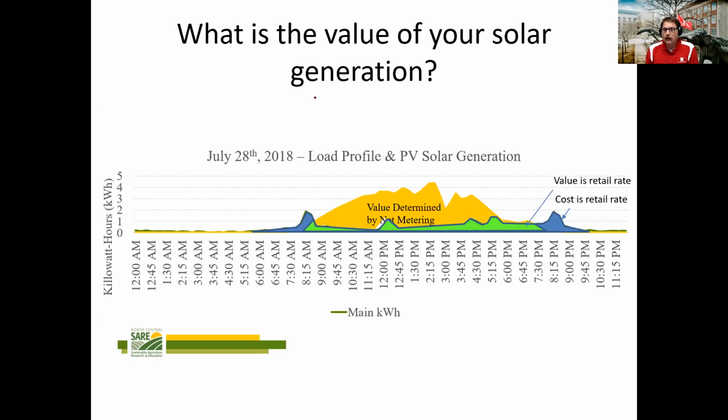In the case of I don't have net metering, I'm just going to get paid a dollars per kilowatt hour for that value. Remember that energy charge in transmission distribution, that might just be the energy charge that I get paid for. So I might get paid some lesser amount for that electricity in the case of not net metering. Net metering is a policy put in place by the state or the utility.